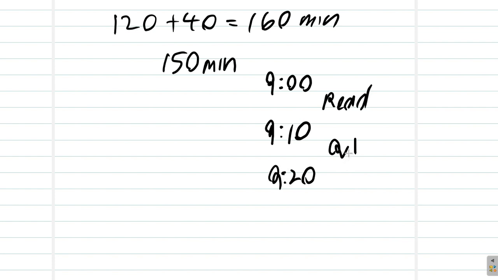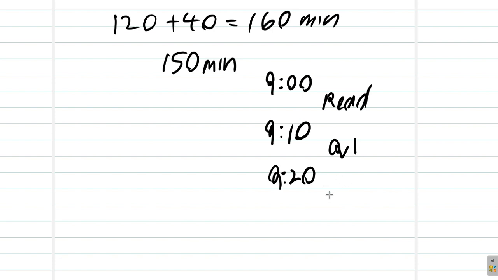Once you see the 10 minutes up, even if you don't finish question 1, you still move on. Leave a space to come back to finish off question 1 later, provided that you have enough time left over, and you move to question 2.